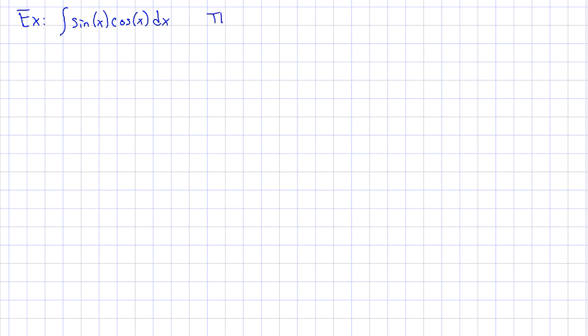There is no composite function. And that is one of the big clues that we've been using as to when we're using u-substitution. We're looking for a function within a function. However, I do have a function multiplied by its own derivative.